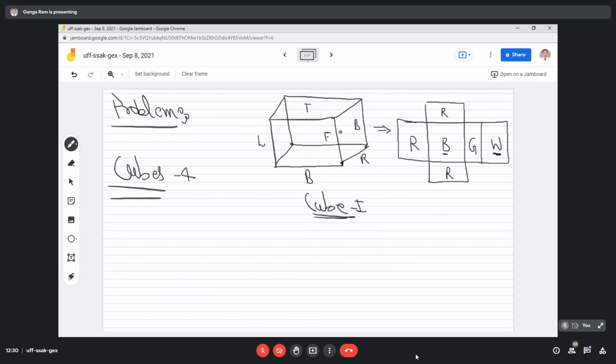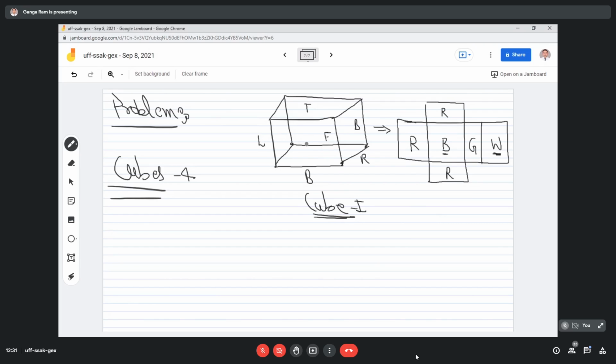This is the front and this is the back. So this portion is the front and this portion will be the back, and these two opposite faces are colored by red color. Same here, these are the left and right faces of a cube. Left and right are opposite to each other.